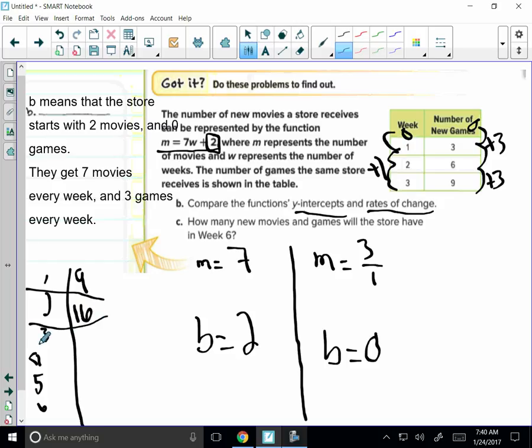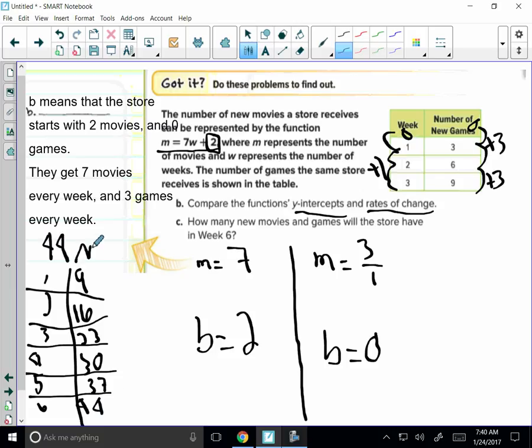Sorry about my sloppy handwriting. 7 more when we add it on to 16 gives me 23. And then in 4 weeks, I have 30. 5 weeks, I have 37. And then that means in 6 weeks, I have 44 movies. So I'm going to write that up here, 44. I'll just put M for movies.